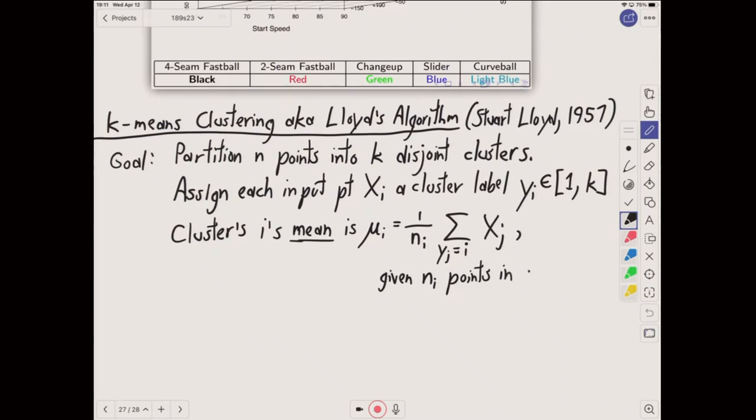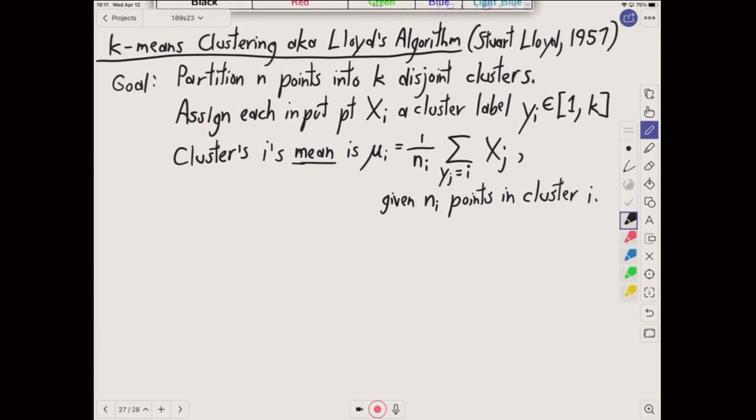It's the number of points in cluster i. So with those definitions, I now specify this as a formal optimization problem. We want to find a vector of assignments y that minimizes the sum of the squares of the distances from points to their cluster centers.